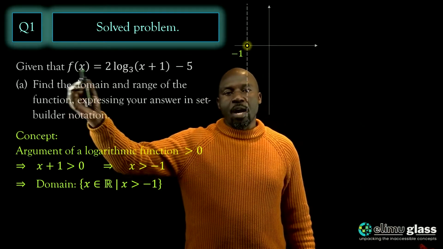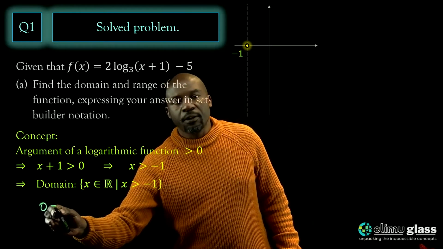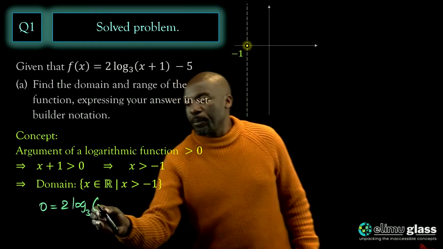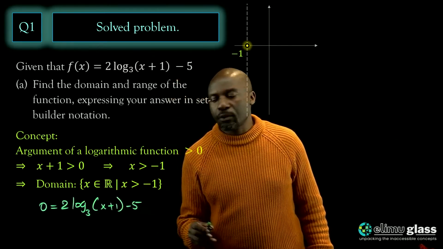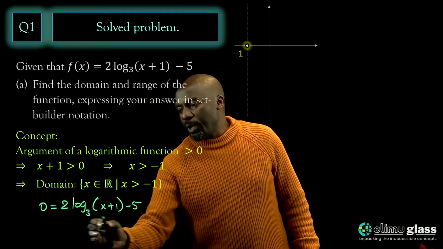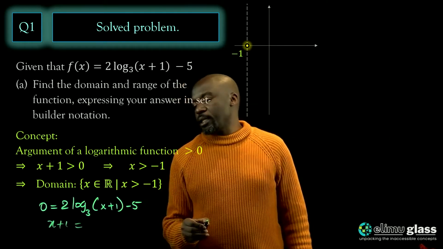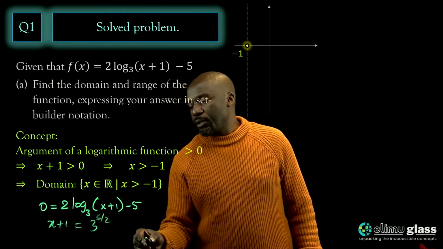So if y is 0, then we have here 0 equals 2 log to base 3 of x plus 1 minus 5, right? If we rearrange this, we get x plus 1 is the same as 3 to the power of 5 over 2.